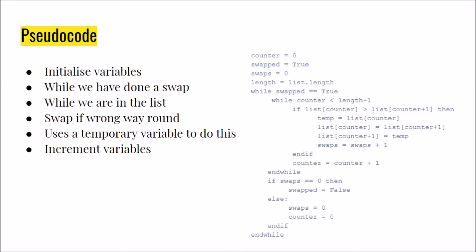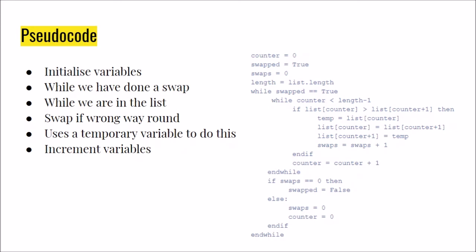So it just means that while we are still in the list, we haven't gone over the list, we haven't tried to look at the value after the list. And then we're going to be swapping if they're the wrong way around, so if element 1 is bigger than element 2, then we're going to have to swap them round, right? It's that same kind of process of rearranging.